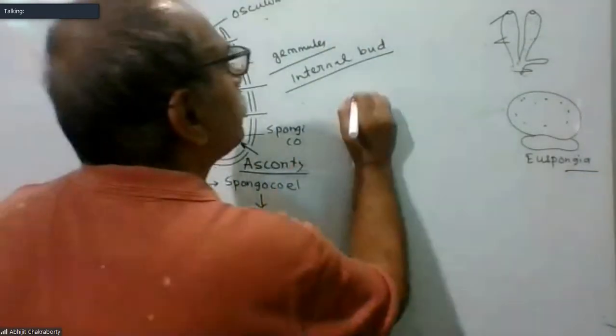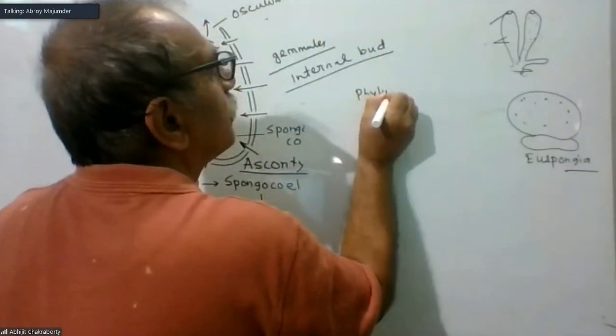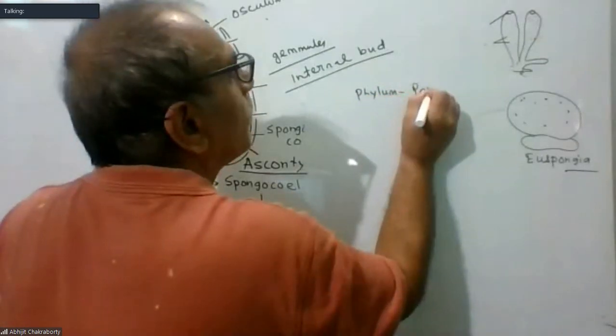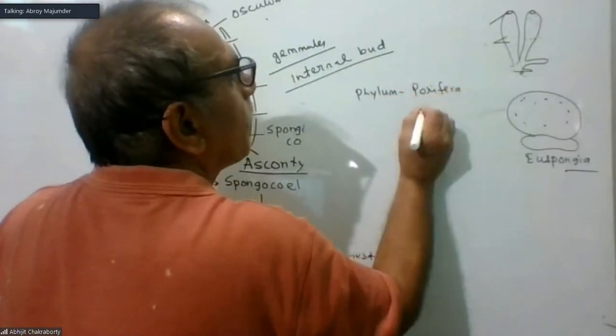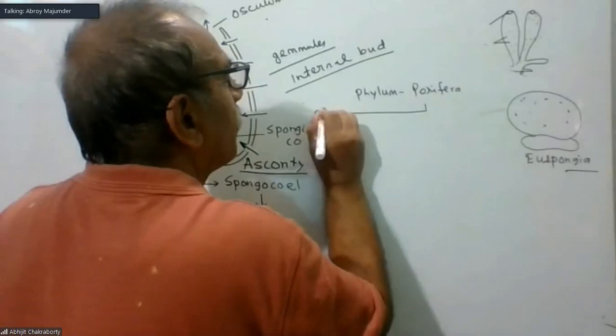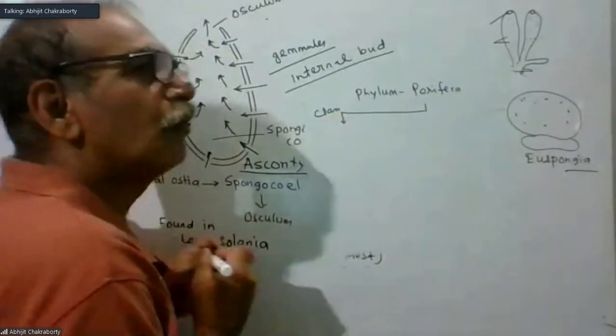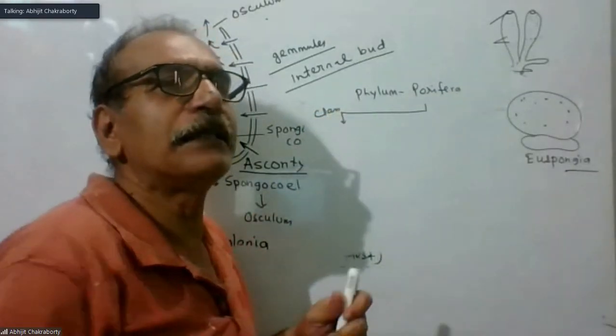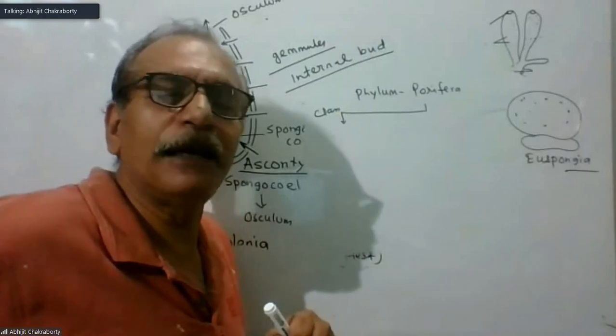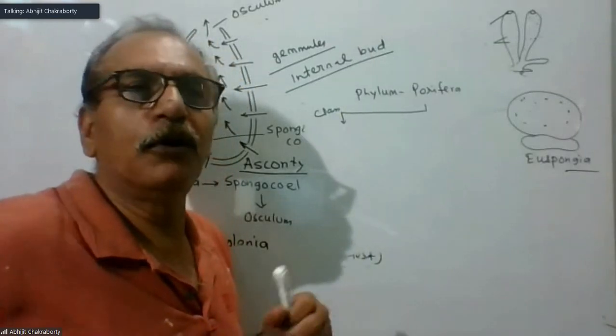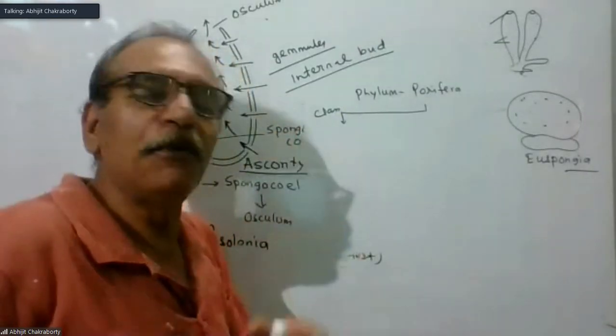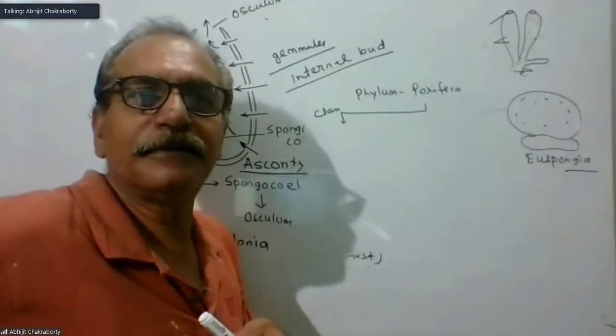স্যার ডায়োশিয়াস আর মোনোশিয়াসের ডিফারেন্সটা কি স্যার? In monoecious, it means in the same animal body, both male and female reproductive structures are developed.